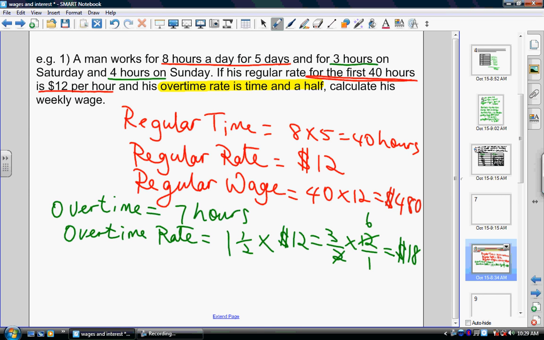Now, if he worked for 7 hours overtime, and this is his rate, what is his overtime wage? Listen to the question. If he works for 7 hours overtime, and it's $18 per hour, it's 18 times 7, which is 126.